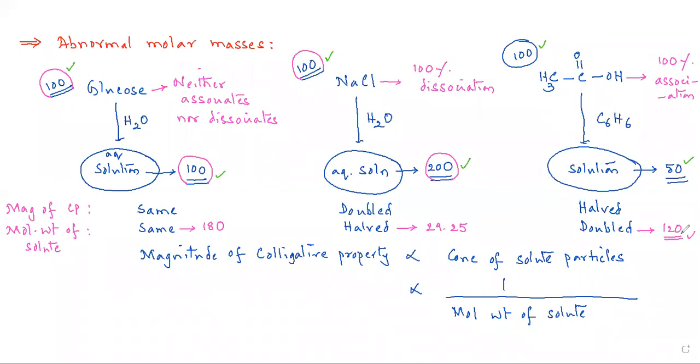So that is all about the abnormal molar masses. You can see these: molar masses either higher or lower than the normal are abnormal molar masses.